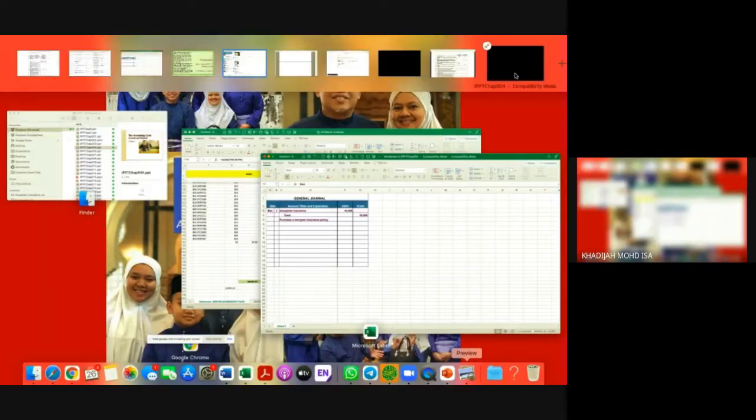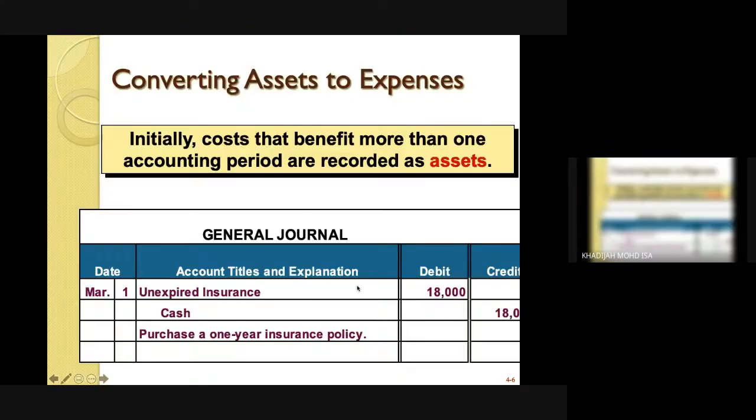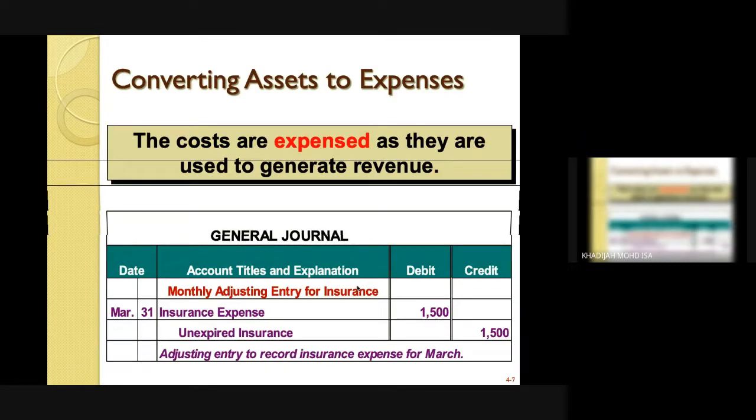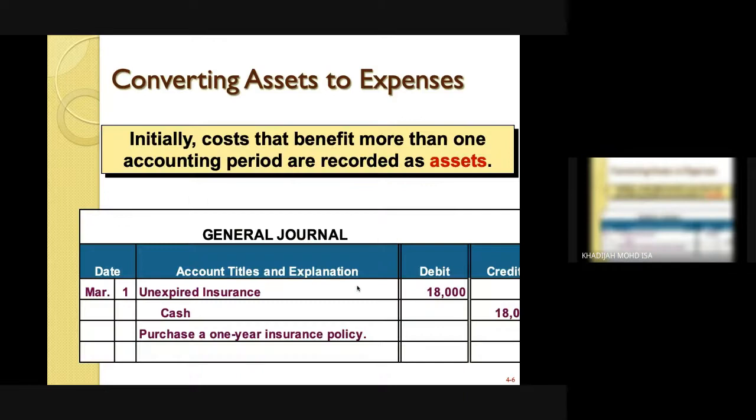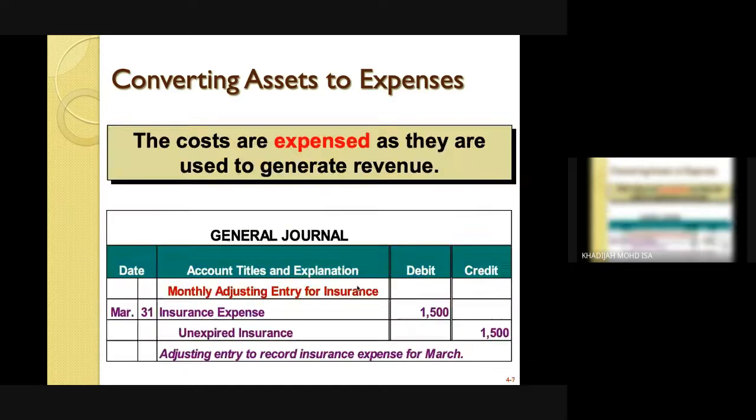Okay, and remember that this payment is made on 1st of March. We call it prepaid insurance, and you pay 18,000 for your insurance, that's why you credit cash on 1st of March. So you record unexpired insurance or prepaid insurance. Can you write down? Prepaid insurance of 18,000, and you credit cash of 18,000 because you made payment for the insurance. At the end of the month, March 31st, you recognize insurance expense of 1,500.